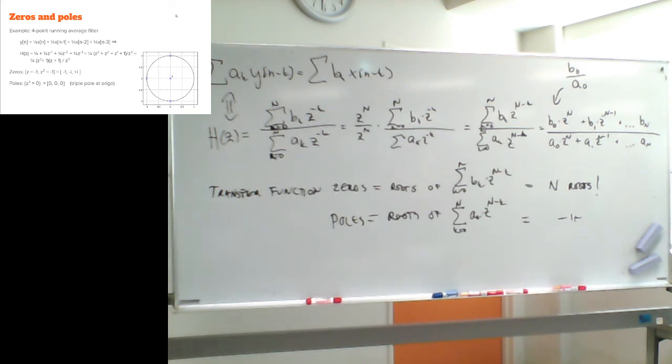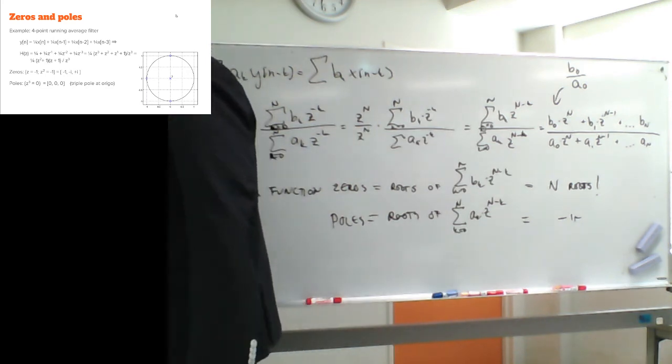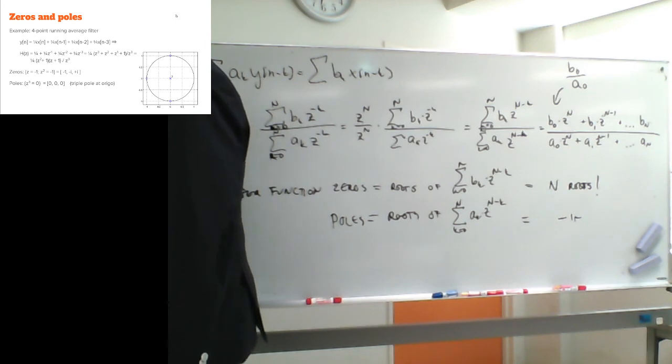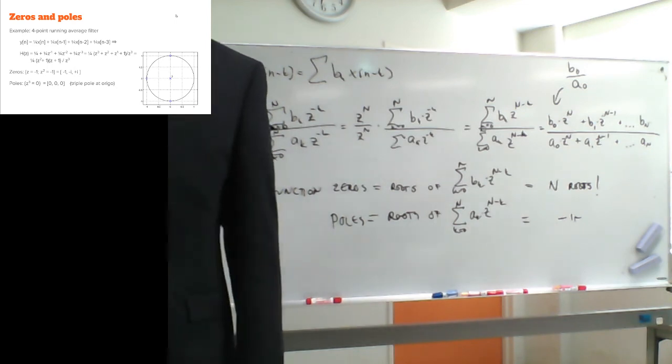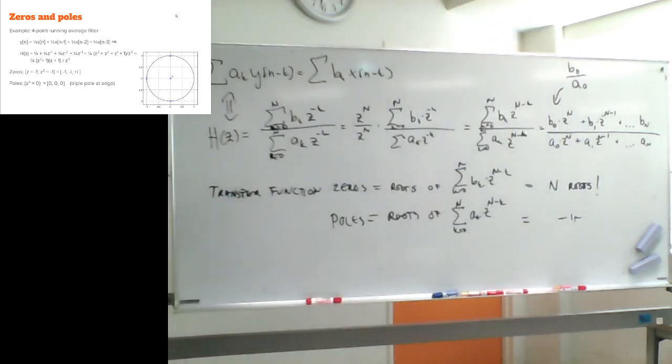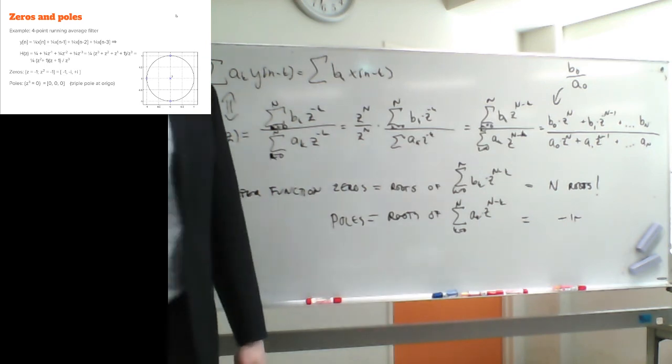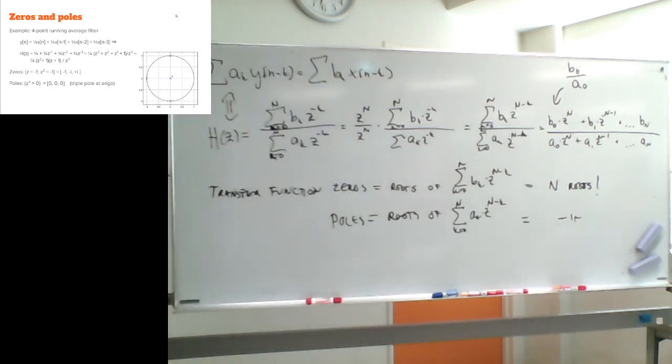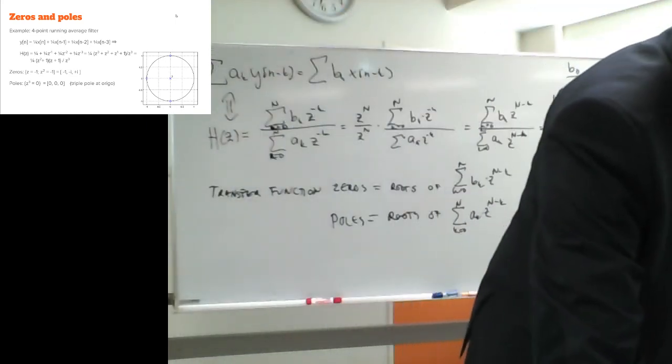When you multiply those together, you get that one, which means the polynomial z plus 1 has a root at -1. Z squared plus 1 gives z squared equals -1, which means you have zeros at plus and minus j on the imaginary axis. And we have a triple pole at the origin, meaning you just set z cubed equal to 0. Good.